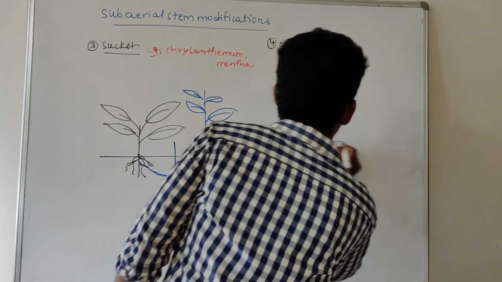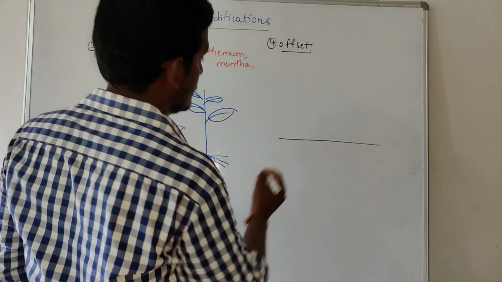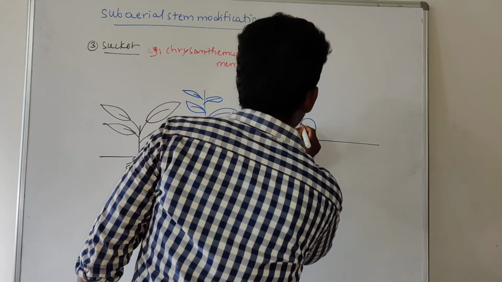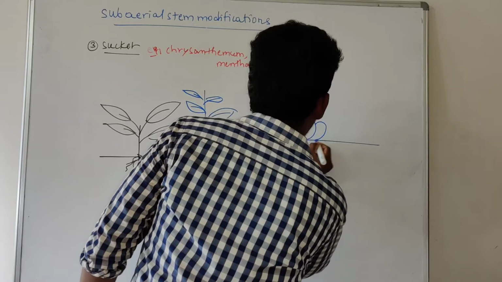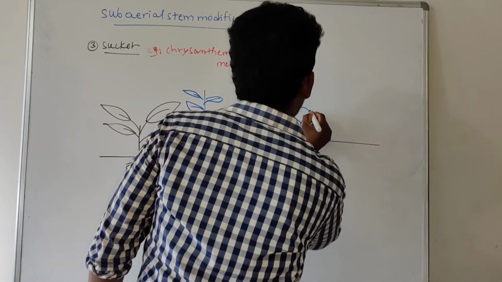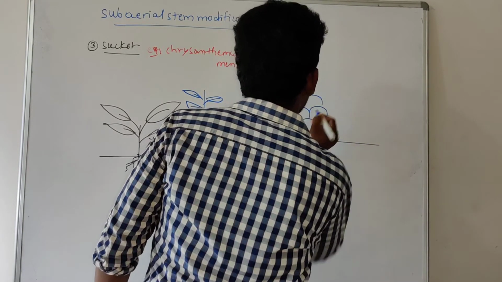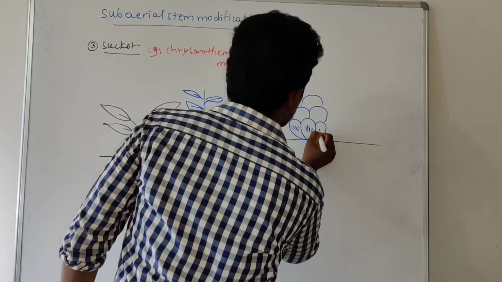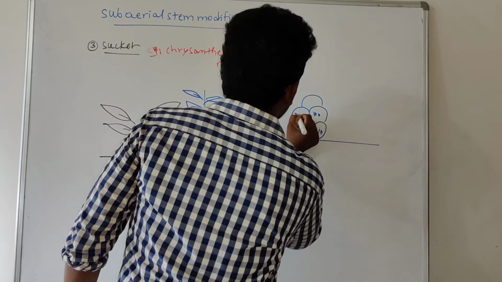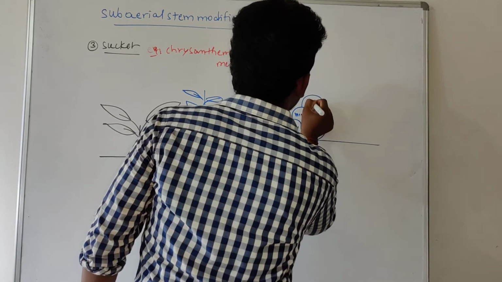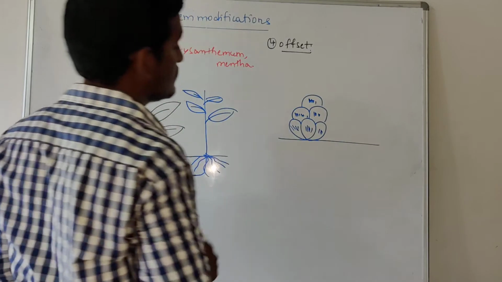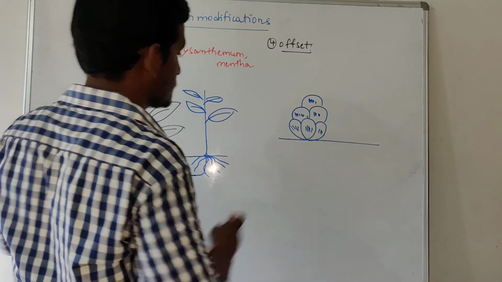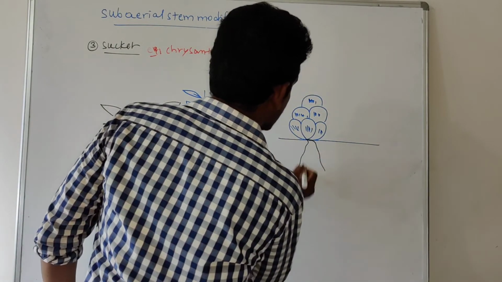On the surface of the water, above the water it produces a rosette arrangement of leaves, and below the water it produces a tuft of balancing roots.